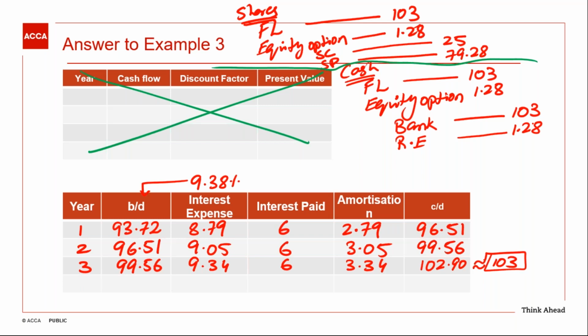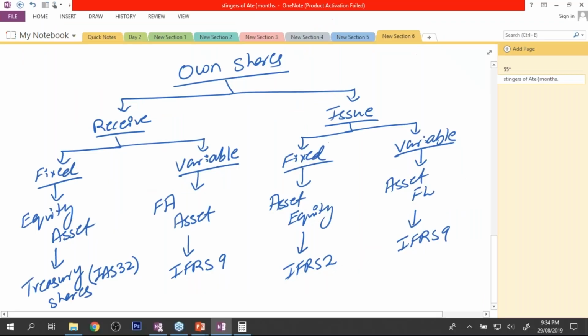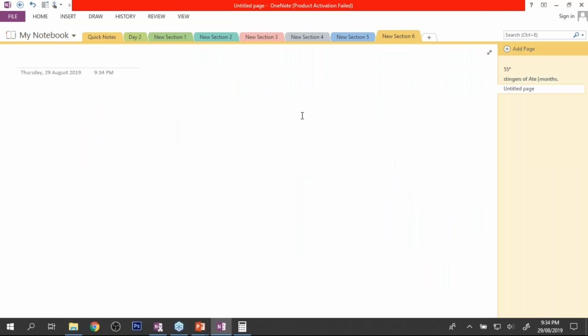Okay, let me explain this again in the OneNote, because a lot of people are having a problem with this. Basically, what happened was we initially recorded the financial liability and the equity option.